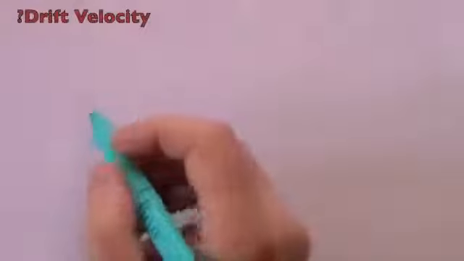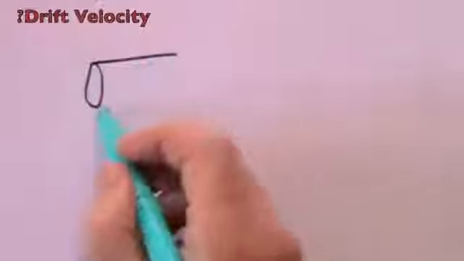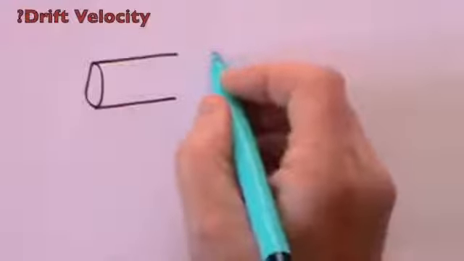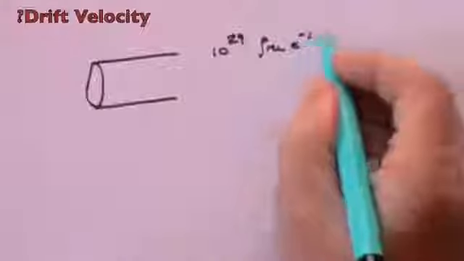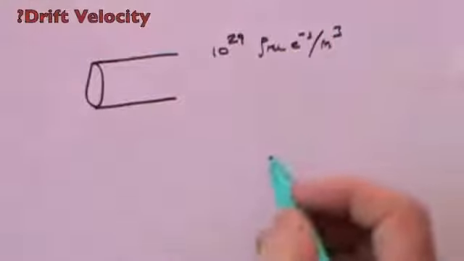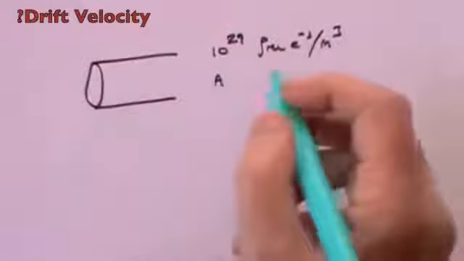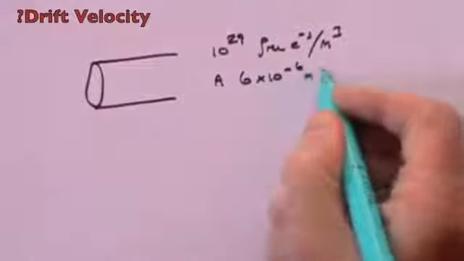Question 2, we are asked to find the drift velocity of electrons flowing through a copper wire, and the information we are given is that copper has 10 to the 29 free electrons per cubic metre. We know that the cross-sectional area of the wire is 6 times 10 to the minus 6 metres.